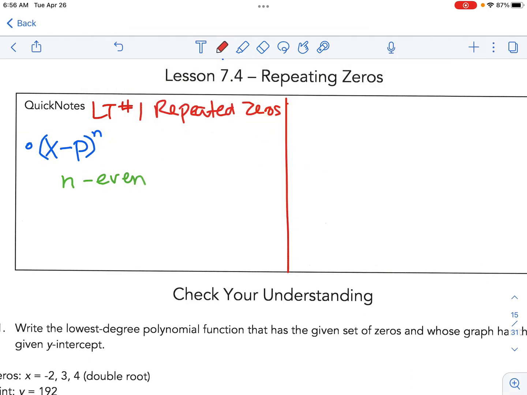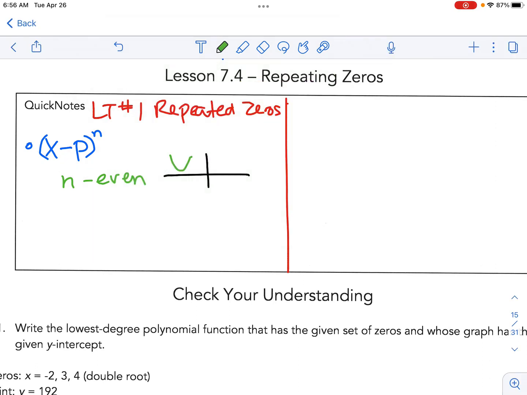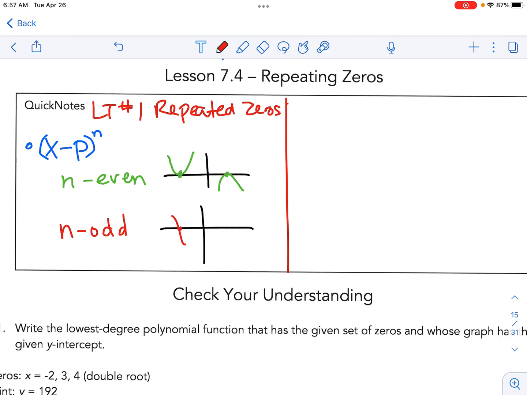So if n is even, then we know we have something that looks like this, or this. And if n is odd, now I'll use red for odd, it's harder to see. We have something that just goes straight through like a regular root, from top to bottom or bottom to top. So those are hard to see.